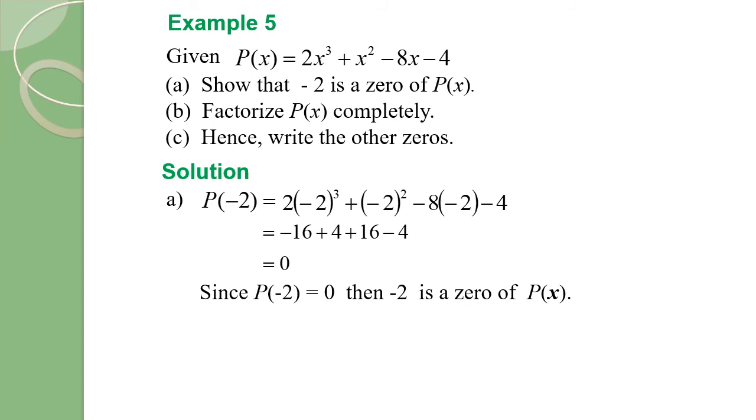Now, for question B, we need to factorize completely. So we know already negative 2 is a zero. Means that what is the factor? We can write down x plus 2 as the factor of the polynomial. Okay, so to find the other factor, we can use long division.